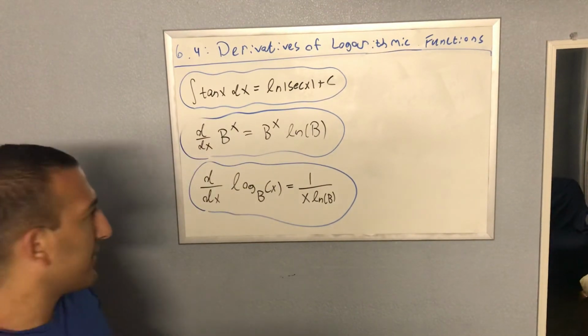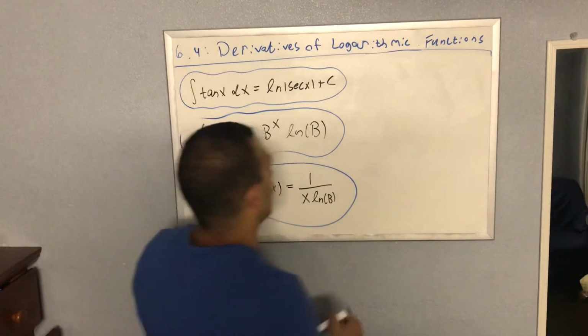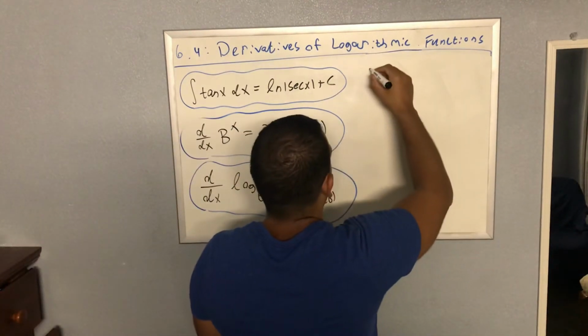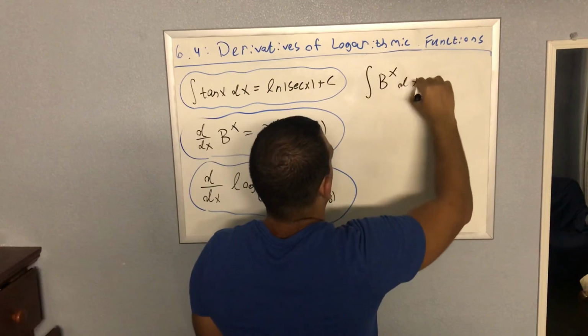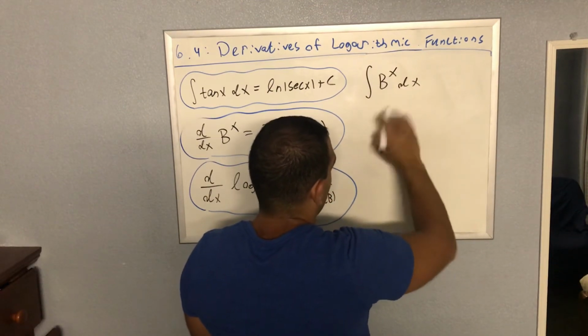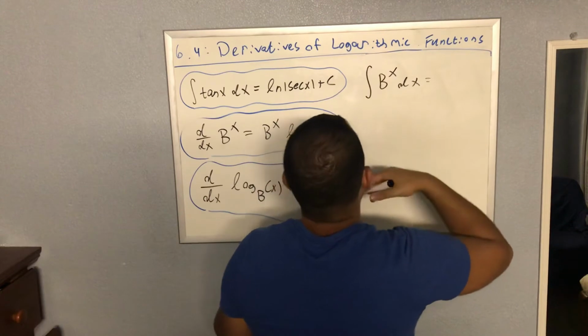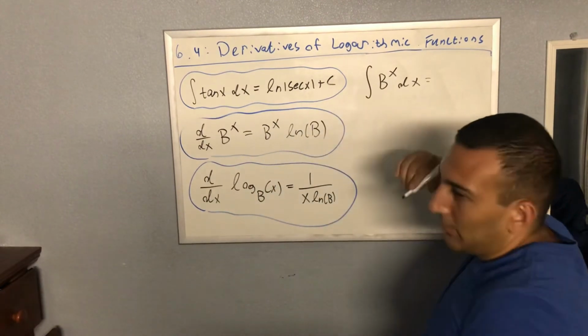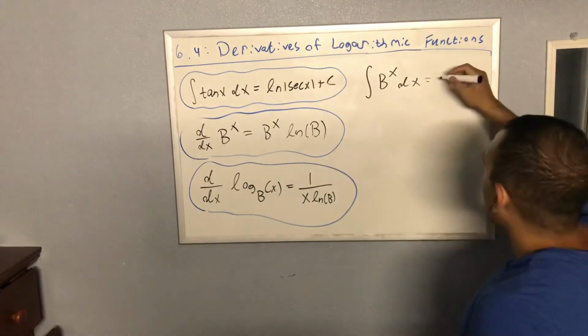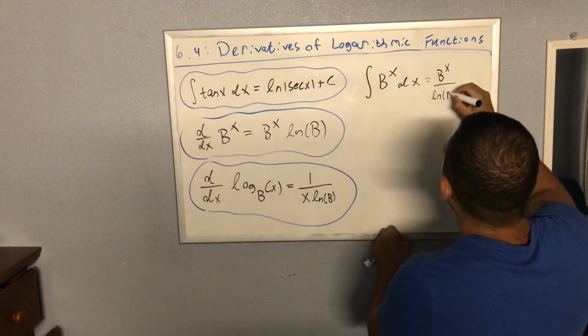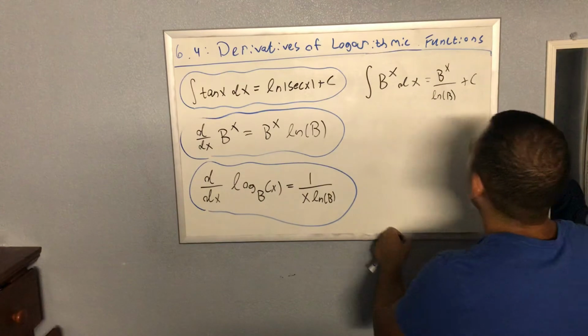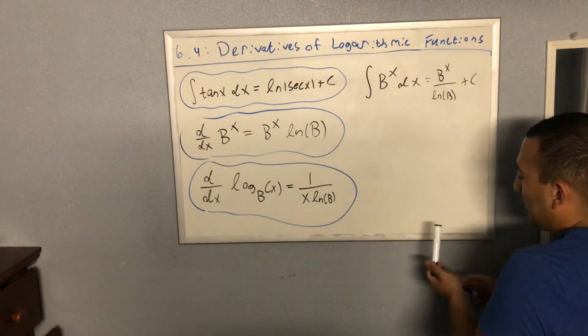This is just a little bit of algebra, so I'll not really do it. Long story short, the integral of b to the x, instead of just having e to the x, is the same idea. It'll be b to the x over the ln of the base plus c. So again, just small differences.